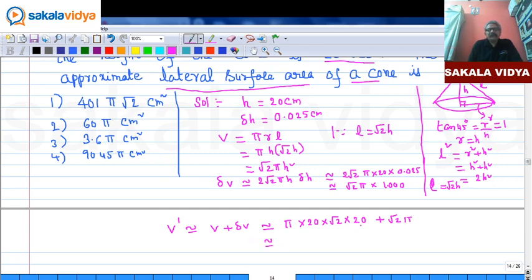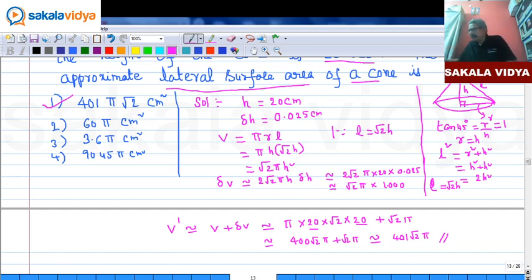This is approximately 20 into 20, 400 root 2 pi plus root 2 pi, approximately equal to 401 root 2 pi. This is the answer. 401 root 2 pi means first option is the right option.